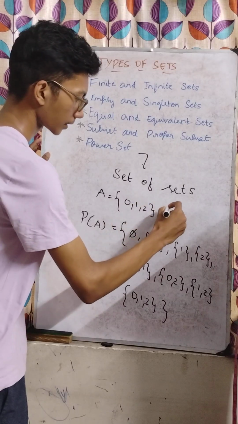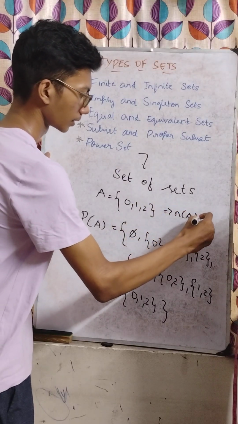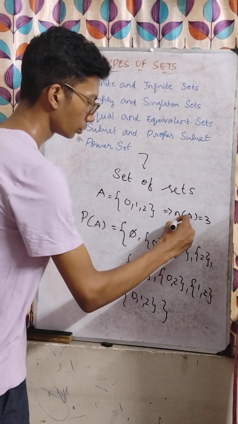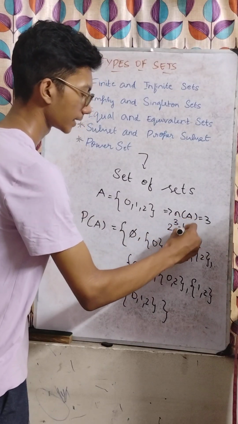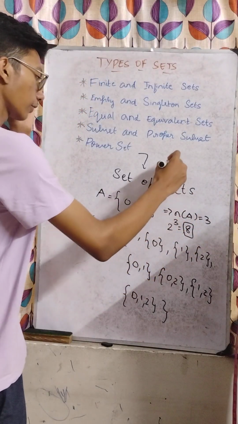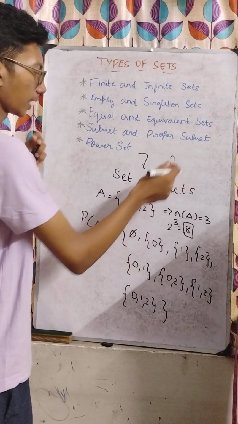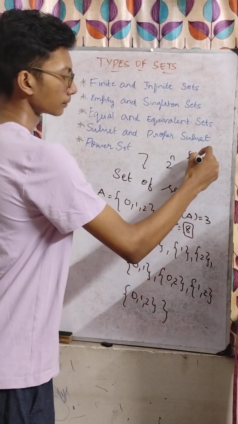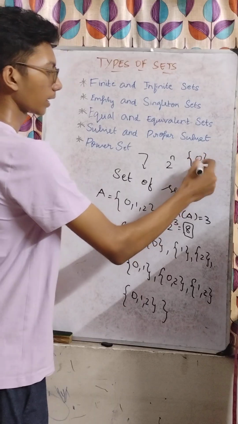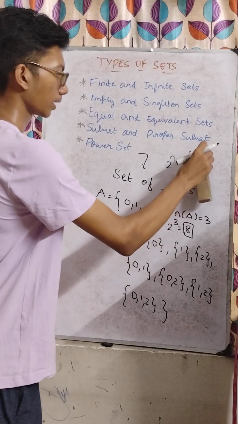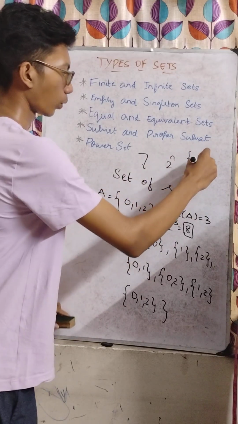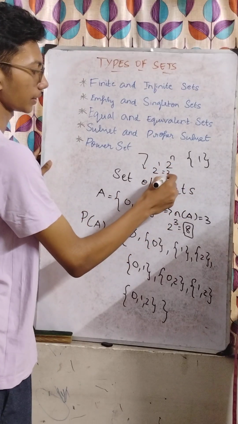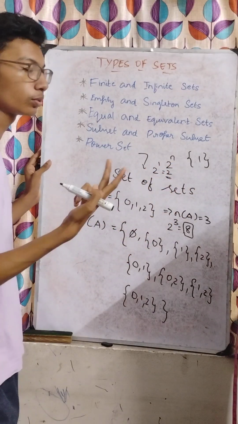So A has 3 elements. How many subsets will it have? It will have 2 power 3, which is 8 subsets. So the formula is 2 power n, where n is the number of elements in the set. If a set has one element, then 2 power 1 is 2, which means the power set will contain 2 sets.